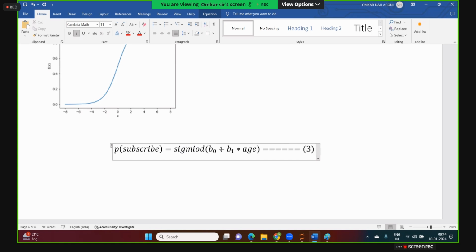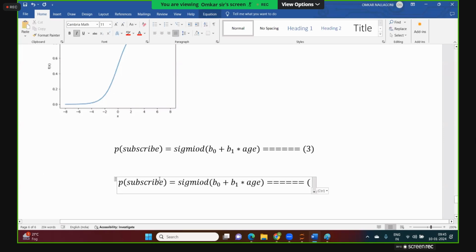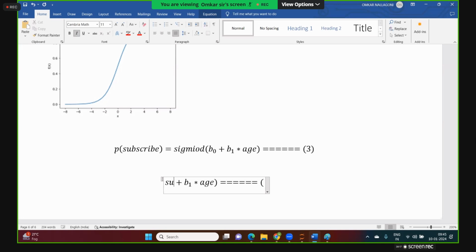So where we started and where we ended, you will understand now. The first equation: subscribe equals beta naught plus beta 1 into h. That is equation number 1.